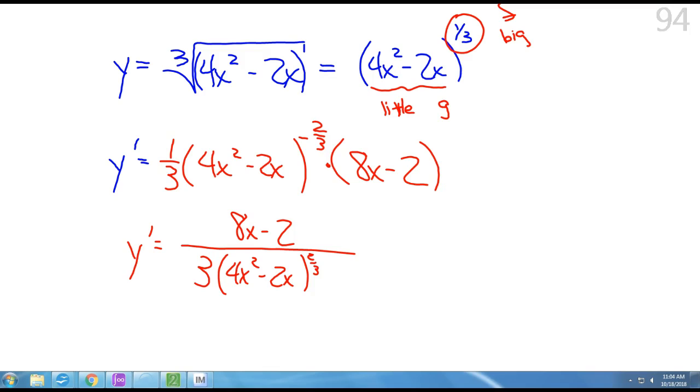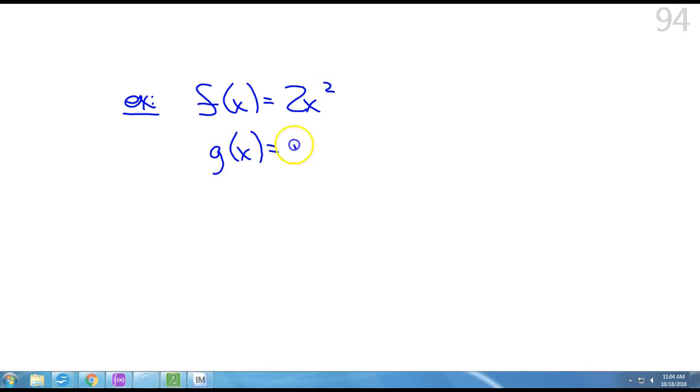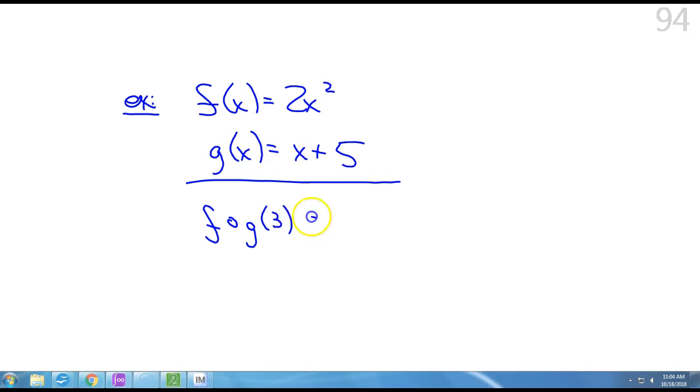Awesome. All right. We have to go through how to do the chart thing, but before we do that, I almost have to back up to advanced algebra for a minute. Let's say f of x was 2x squared, and g of x was x plus 5. And I ask you to find f of g of 3.